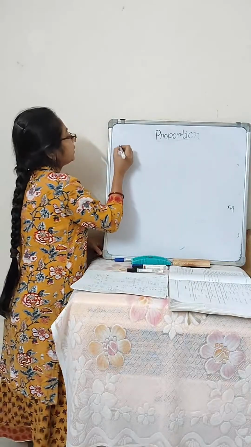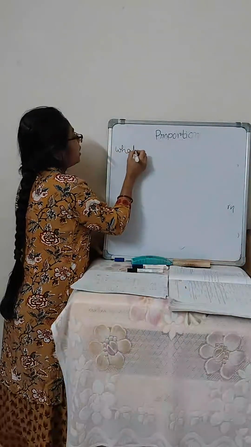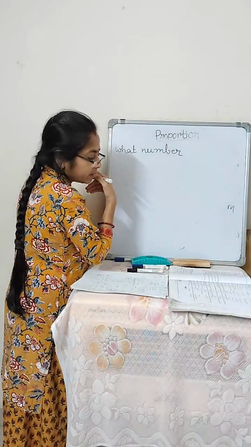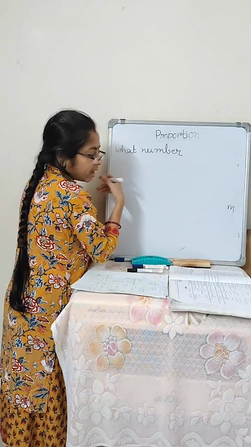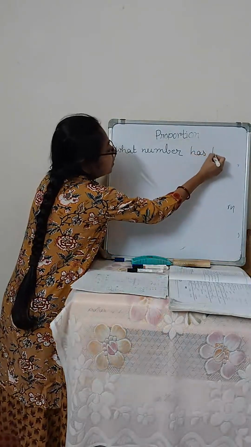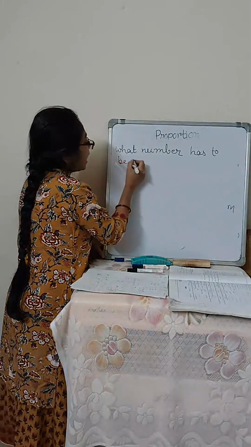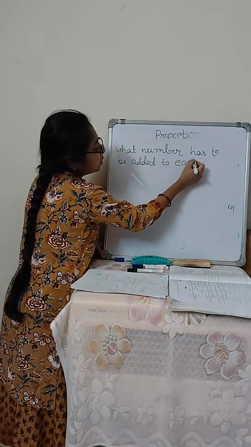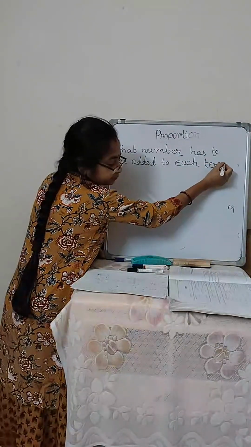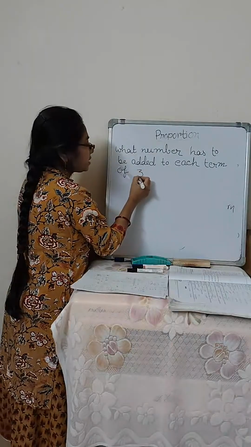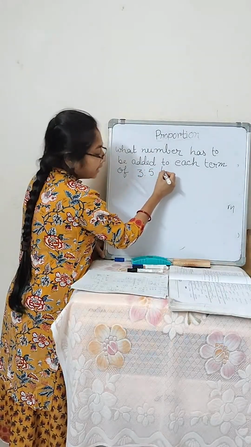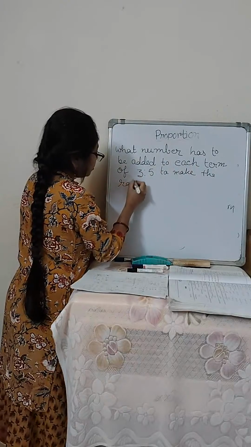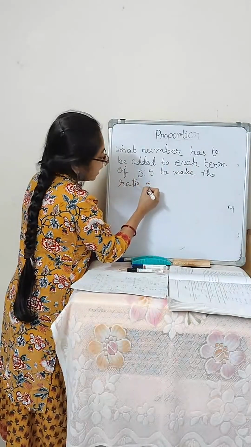Achha. What number has to be added to each term of 3:5 to make the ratio 5:6?